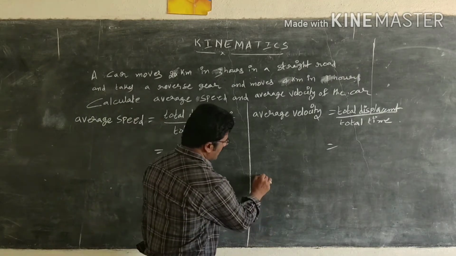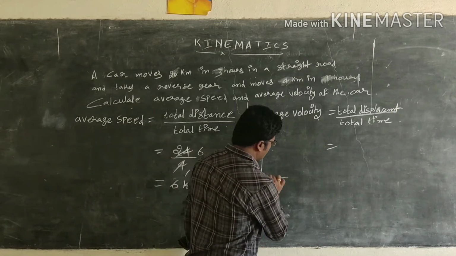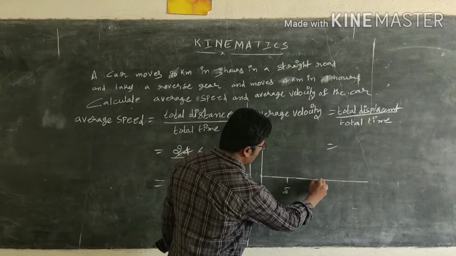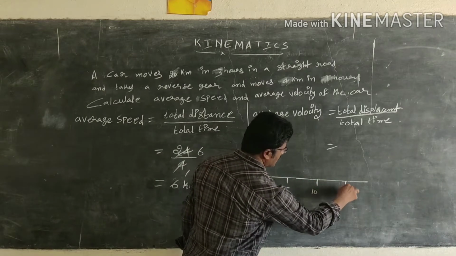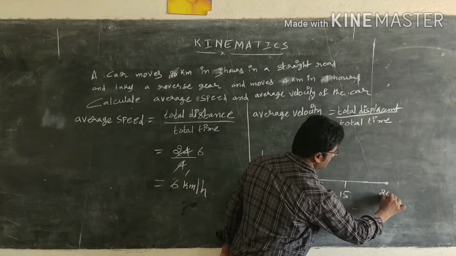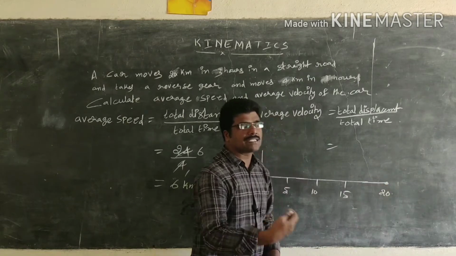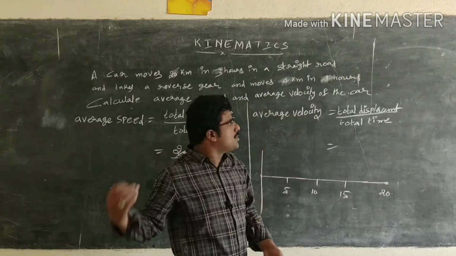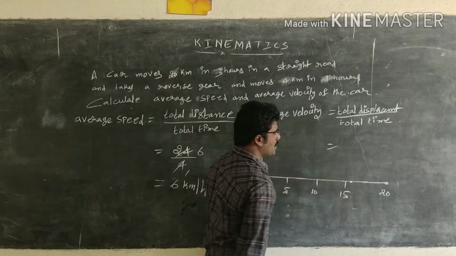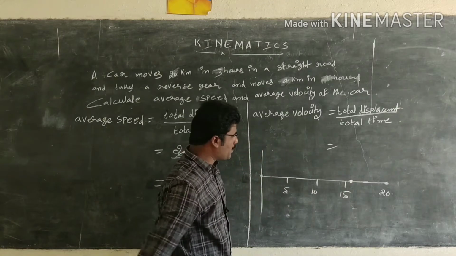For example, let us consider this is the starting point of the car. It has traveled 20 kilometers. Let us consider 5 kilometers up to here: 5, 10, 15 and 20 kilometers. Then it took reverse gear and moved 4 kilometers. That means nearly here. So this becomes the final point and this becomes the initial point.